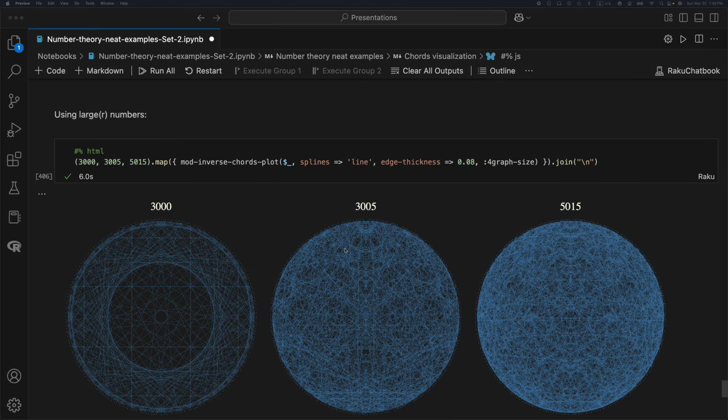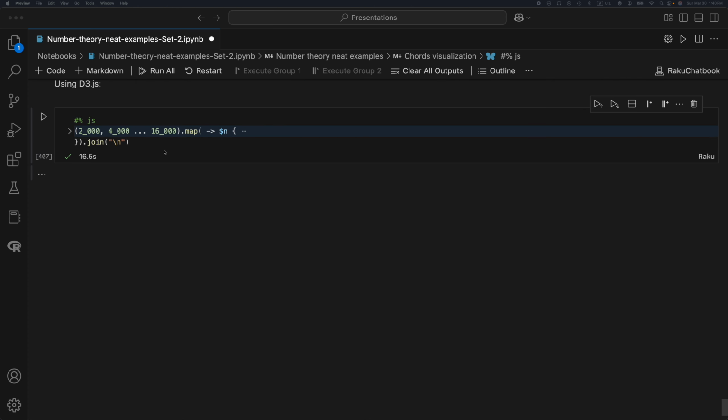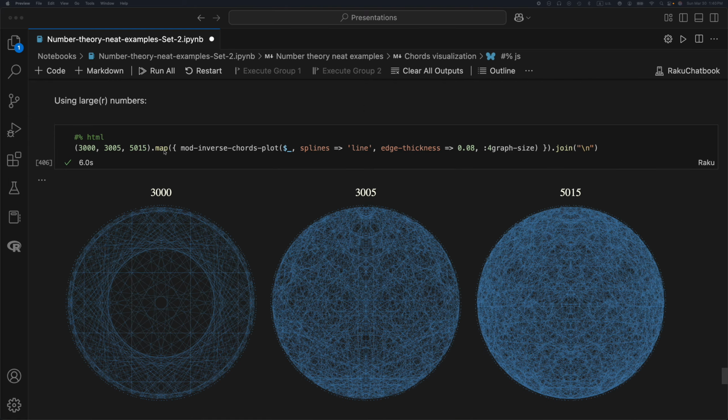Anyway, instead of using SVG and HTML visualization embedding, which I'm doing here using Graph, I can use JavaScript D3. This is what is happening here. But before going to that last example, you can see that if I use larger numbers, I start to have nicer embeddings, and some very complicated patterns can be seen.